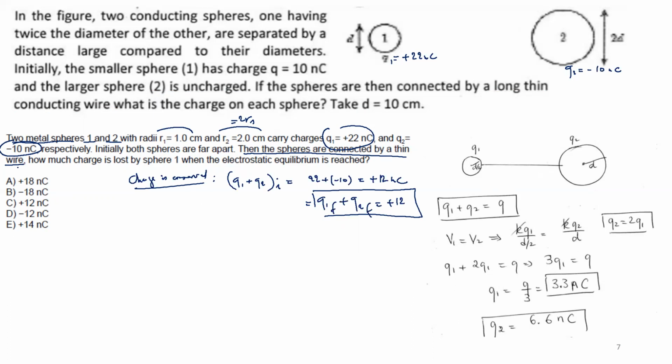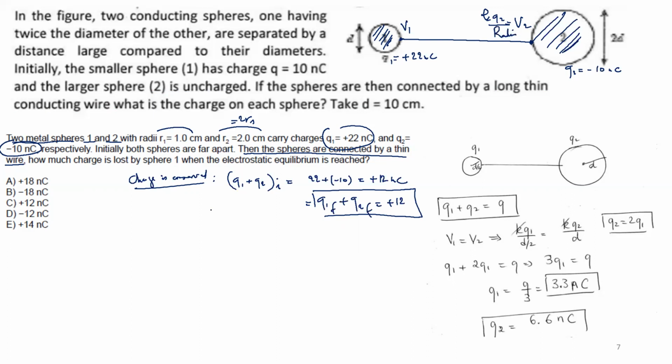This exchange of charge will stop when the potential here, V1, is equal to the potential here, V2. We know the potential here already, and we also know the potential here. The potential inside and at the surface of a conducting sphere is just K Q divided by the radius.